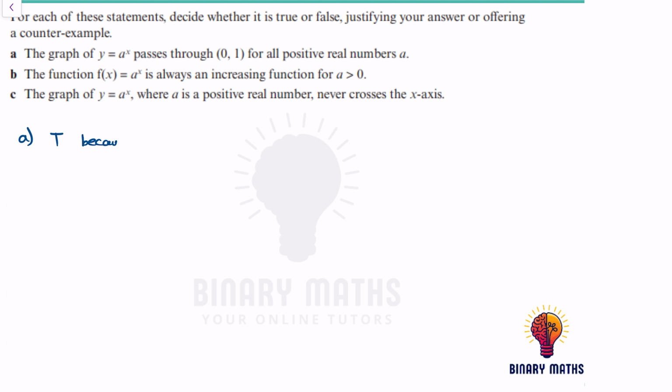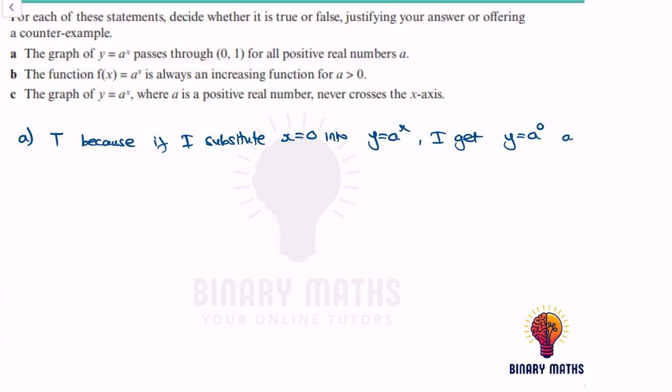Because if I substitute x equals 0, y equals 1 into y is equal to a to the x, I get y is equal to a to the power of 0.